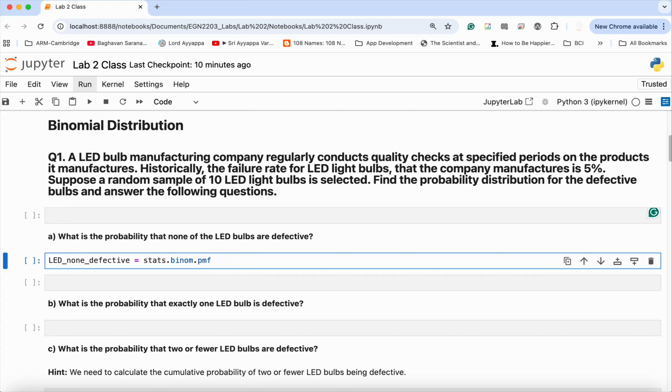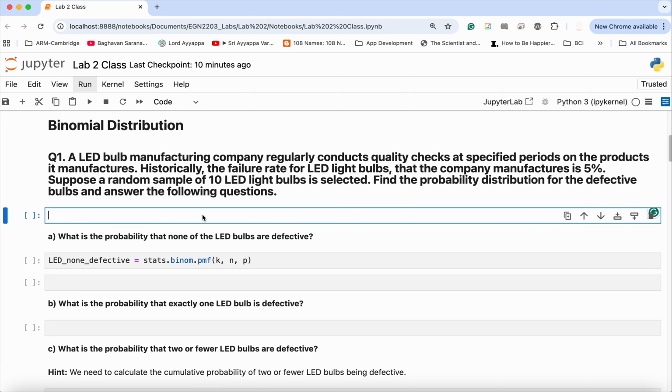This is the function that we need to use, and to use this function we need to specify three parameters: k, n, and p. Now let's understand how to specify these three parameters.